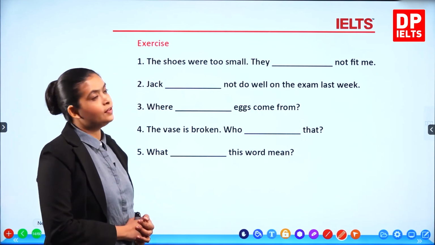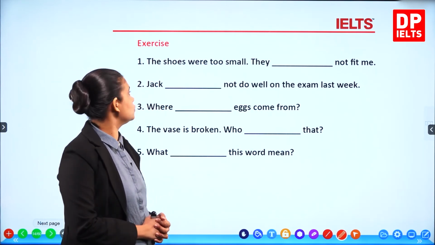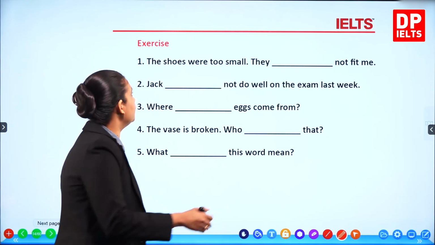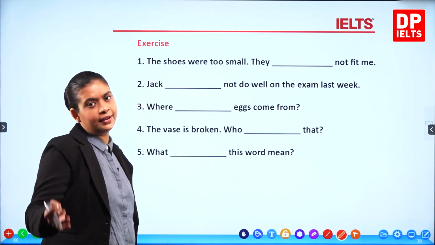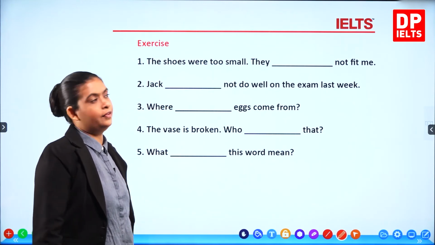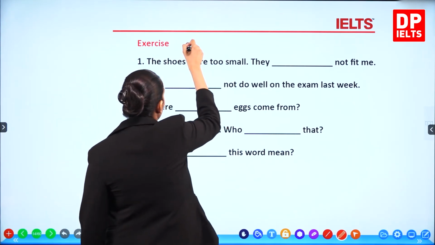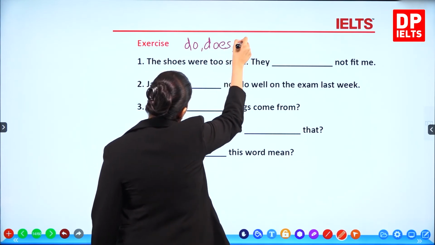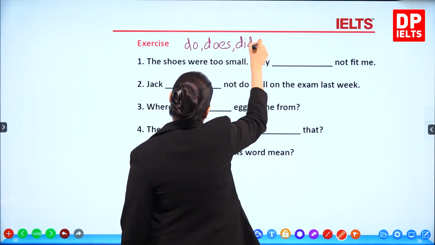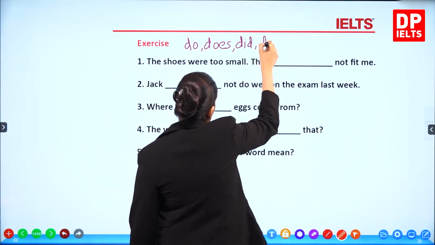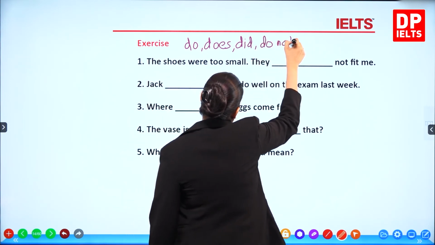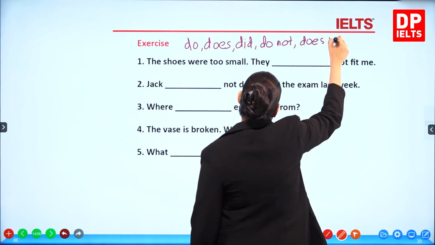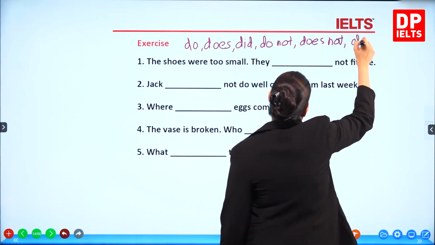Right, let us have a look at some of the practice questions. The shoes were too small. So you have to fill it with do, does or did, or the negative: do not, does not, did not.